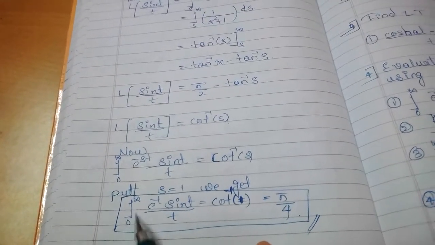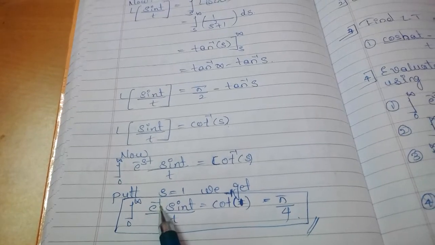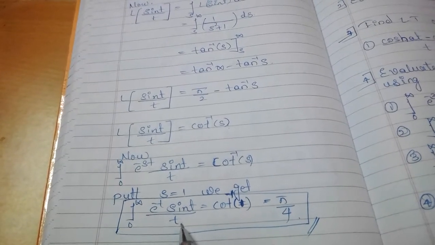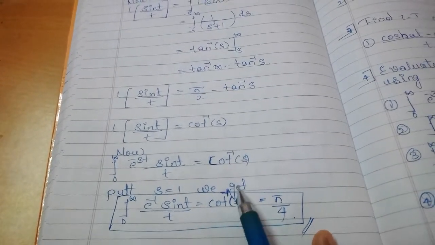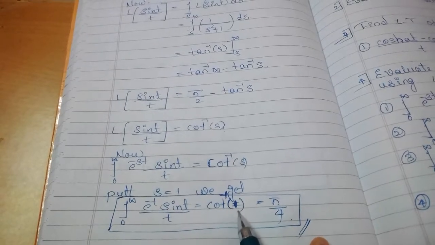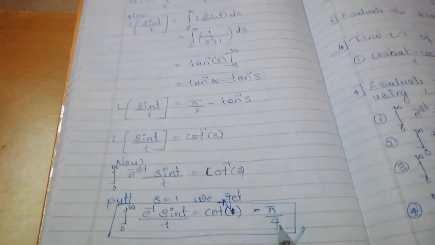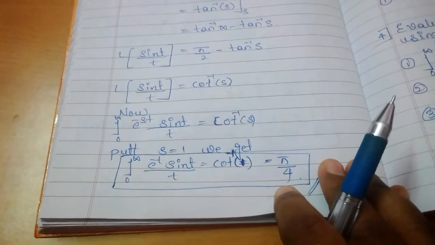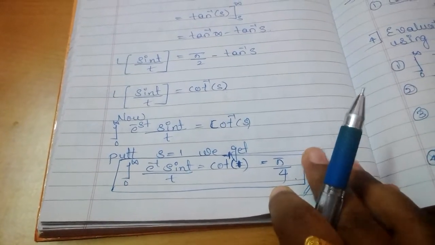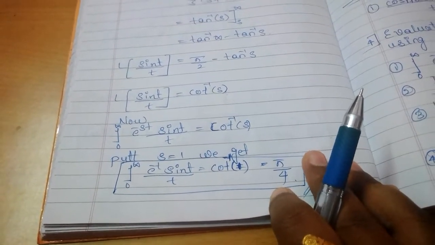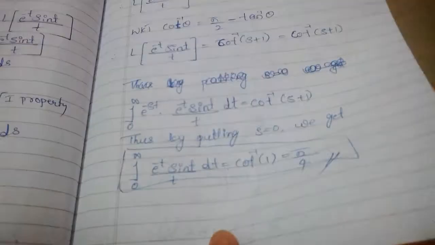We get integration from 0 to infinity e raised to minus t sin t divided by t is equal to cot inverse of 1. We know that cot inverse of 1 is pi by 4. From this method also we get the value of the given integral is pi by 4, and here also it is pi by 4.